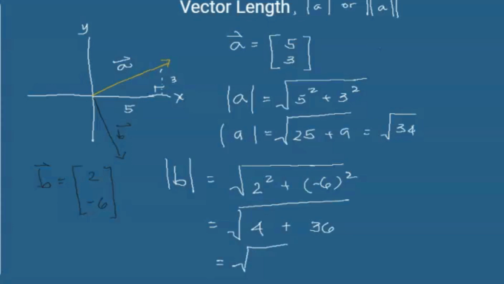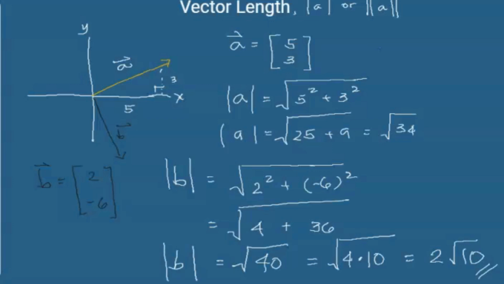So that is square root of 40. Let's simplify. Square root of 4 times 10 is 40. So square root of 4 is 2, and square root of 10. So this is the length of vector B.